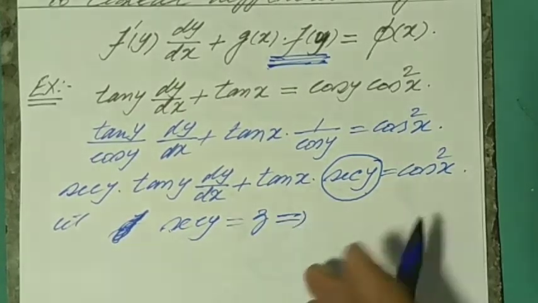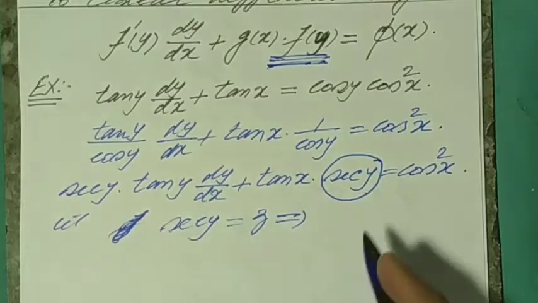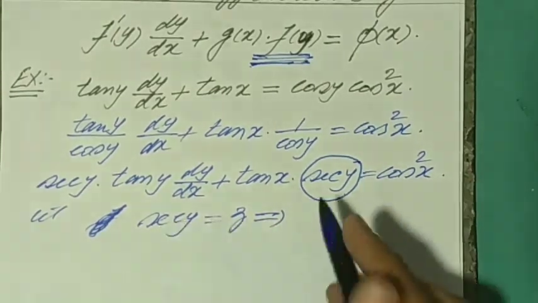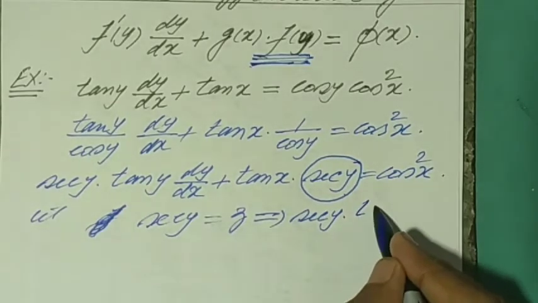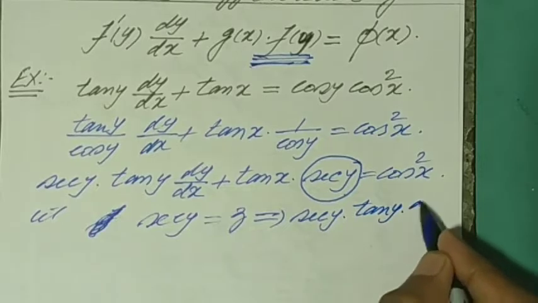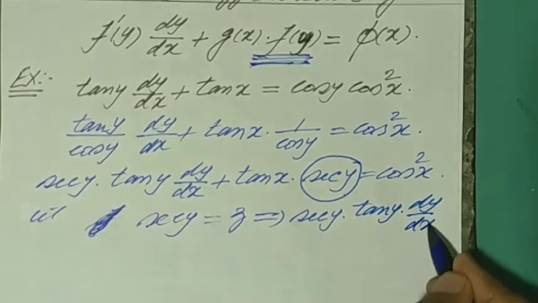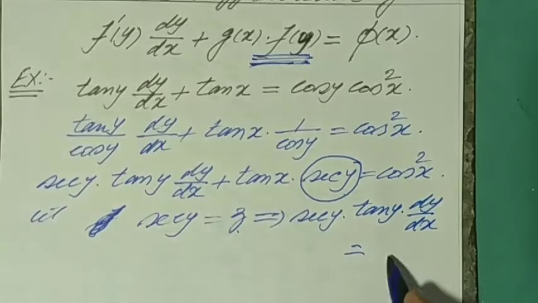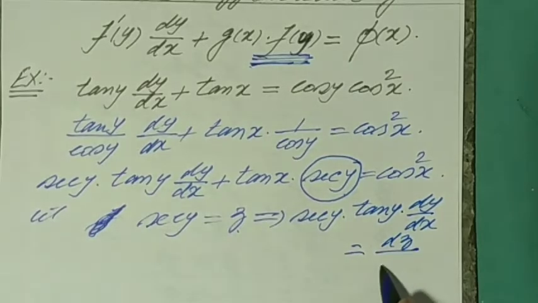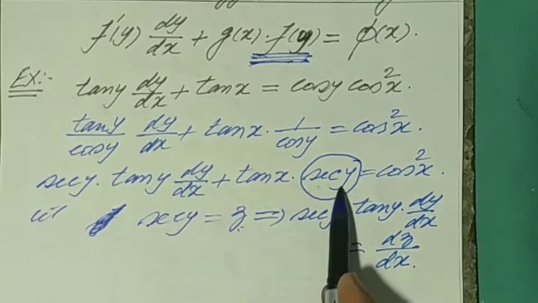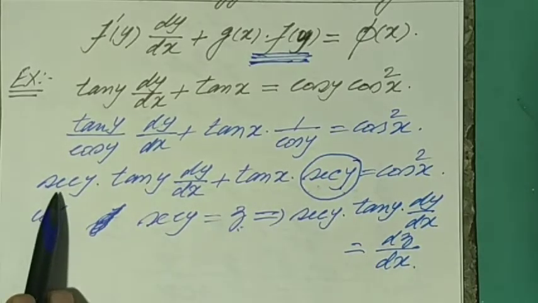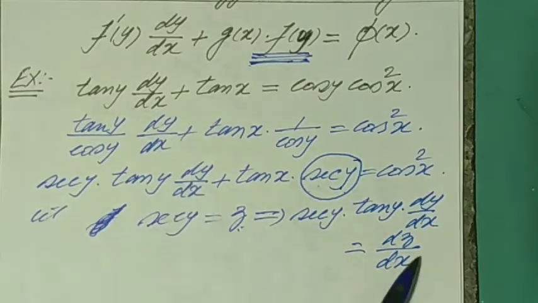It implies that if we differentiate both sides with respect to x, we get on the left hand side the differential of sec y, which will be sec y into tan y into dy upon dx by the chain rule, and on the right hand side the differential of z is dz upon dx. So if we replace sec y by z in this equation, we need to replace sec y tan y dy upon dx by dz upon dx.